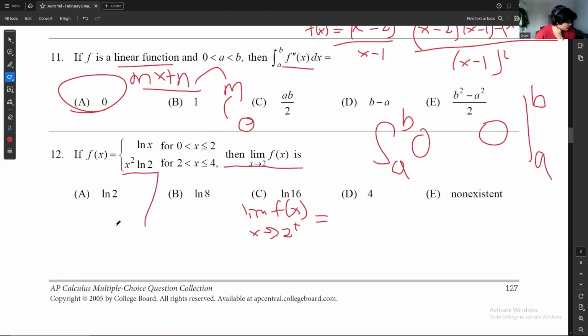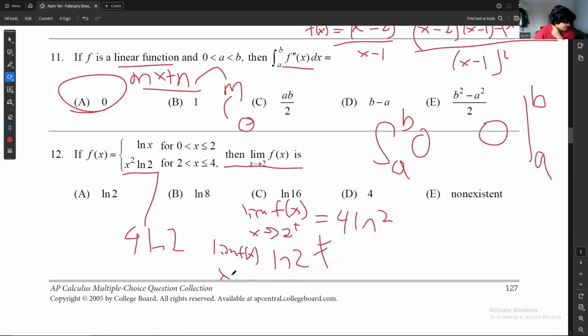We're just gonna plug 2 over here, which is going to be 2 times 2 squared is 4 times ln of 2. Okay, and this is actually 4 ln of 2. Okay, so if we go from the left, we're gonna get ln of 2, which is not equal to each other. Let me just write it down.